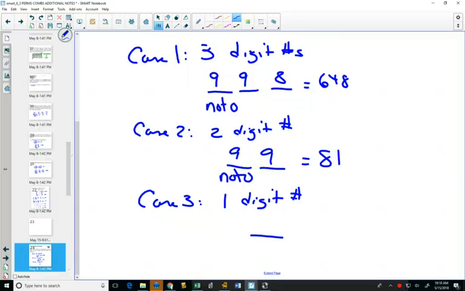Yes? Okay. Then you'd have 10 choices. Some people argue, well, I can't include 0 again. Well, yes, you can. And then what we do with cases is we add these all up, which will give us 739.